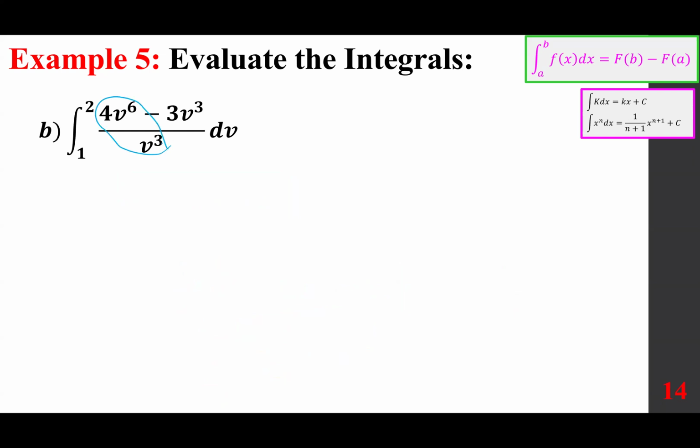This gives us 4v cubed. This gives us minus 3. So first we do algebra. This is v to the power of 4. This is minus 3v from 1 to 2. So we're going to plug in. We plug in 2 to the power 4 minus 3 times 2.